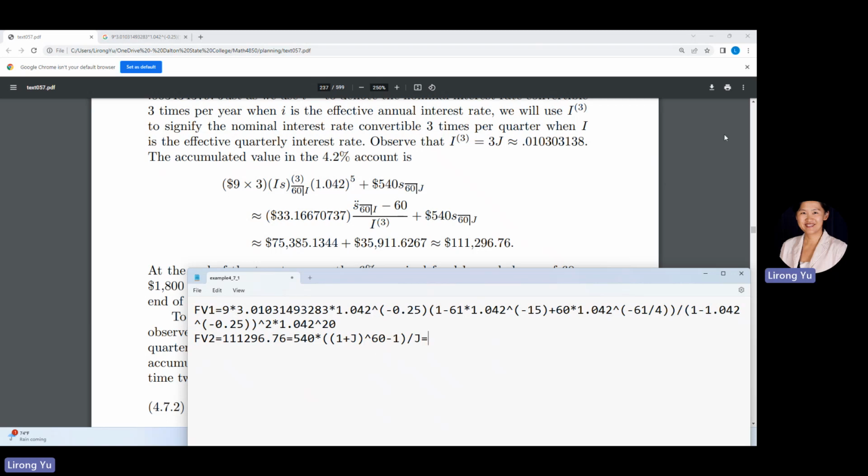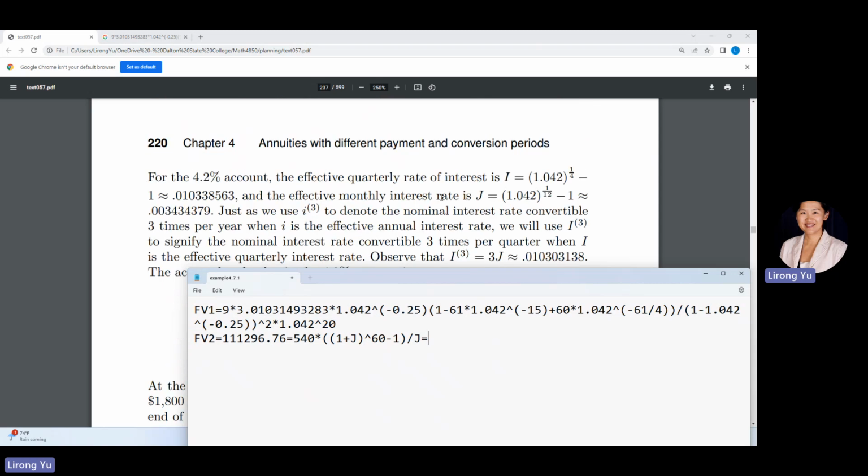However, you know how j is? J is 1.042 to the power of 1 over 12 minus 1. J is a monthly interest rate, and we're paying a monthly payment. Each month is 540. So this calculation, to make it more accurate, is as follows. The numerator 1 plus j is going to be 1.042 to the power of 1 over 12.